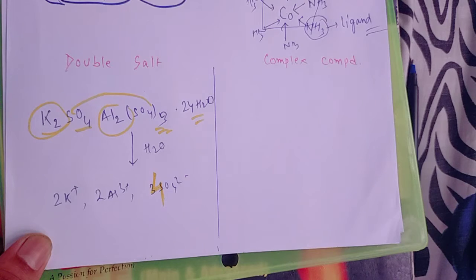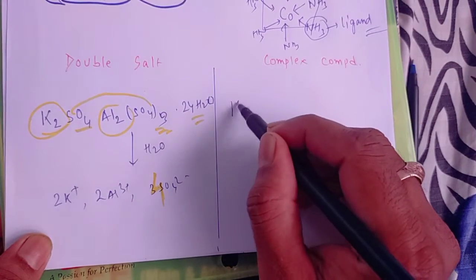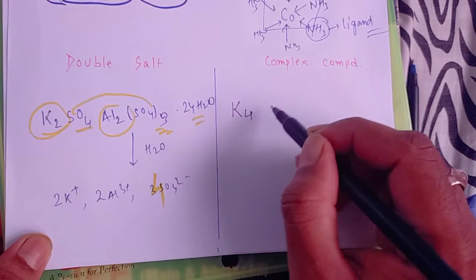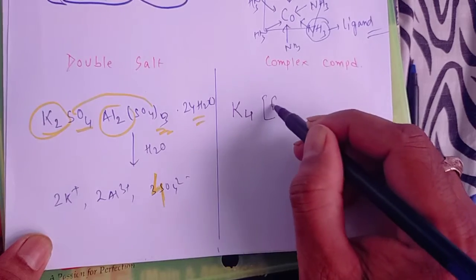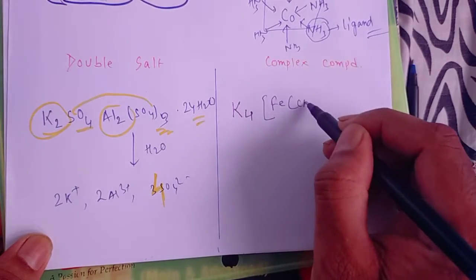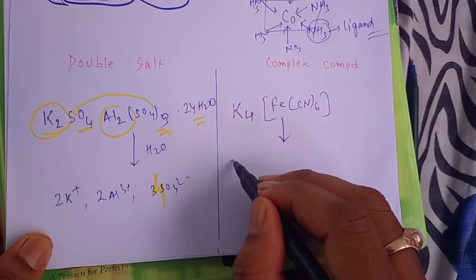Now in a complex compound what happens? If I have a complex compound, first we are introducing K4[Fe(CN)6].